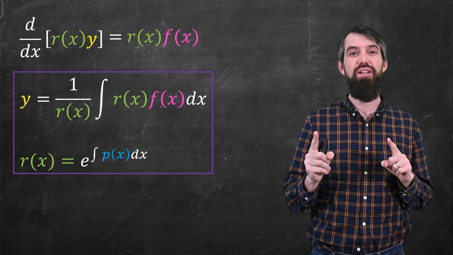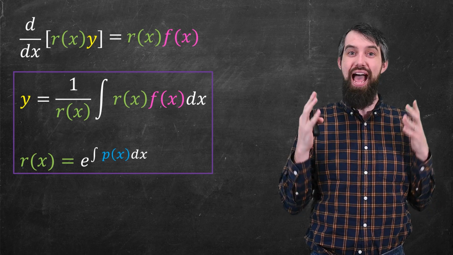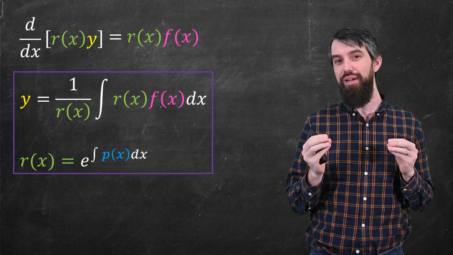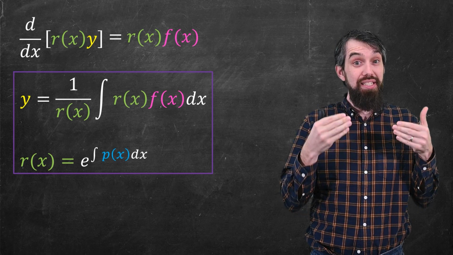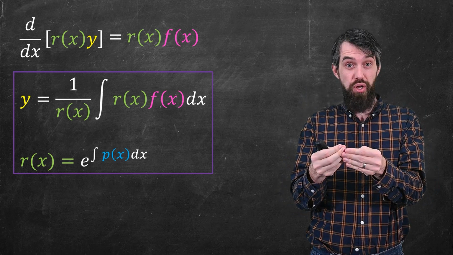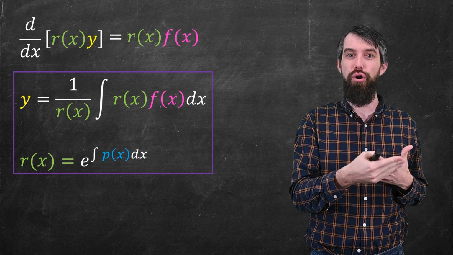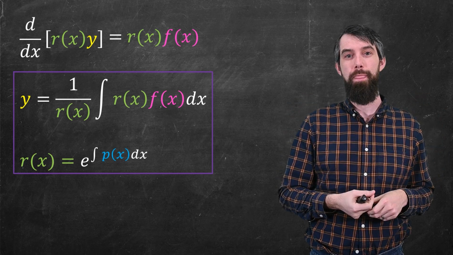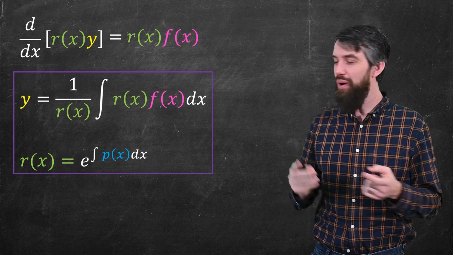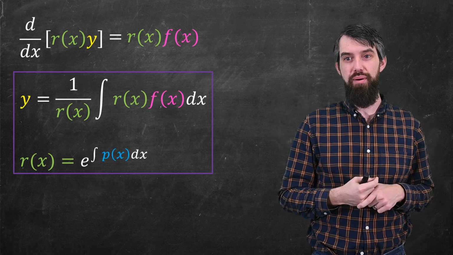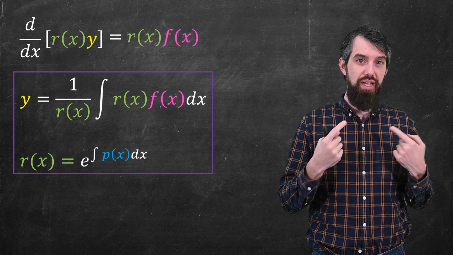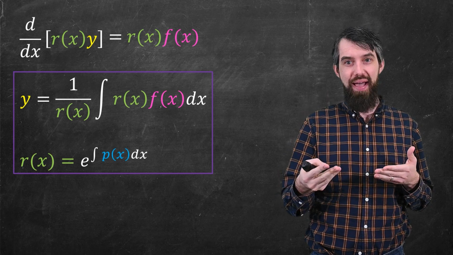But while we're still in the slightly more general and abstract sense, I want to focus a little bit on what the existence and uniqueness consequences are when you use this methodology to solve a first order linear differential equation. The first thing I want to note is that there are two integrals here: the integral of p of x, and then the integral of r of x times f of x.